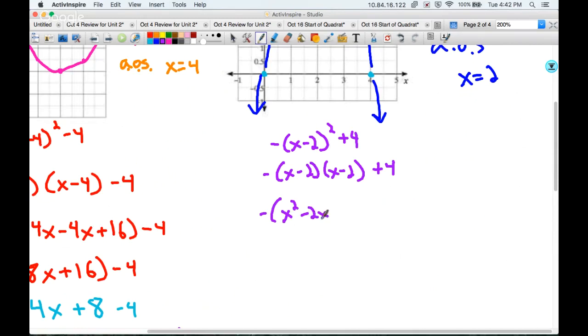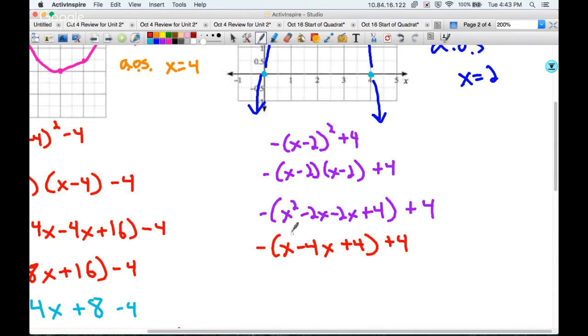x squared minus 2x minus 2x plus 4. Keep track of your positives and negatives when doing this. This will become negative (x squared minus 4x plus 4), another plus 4.